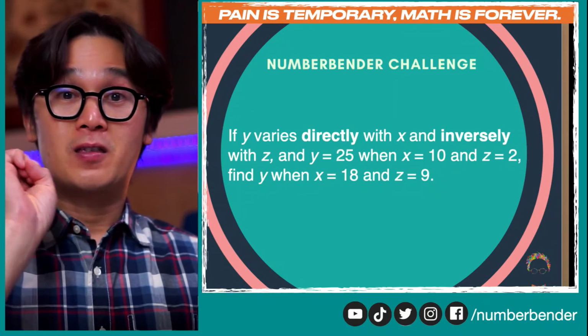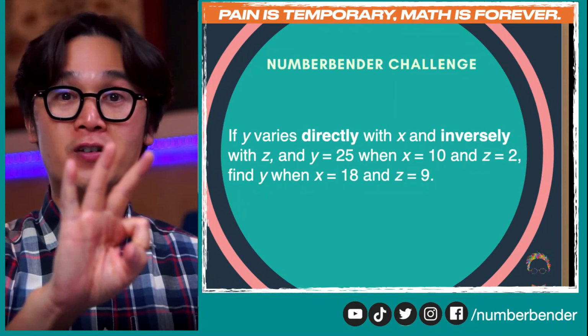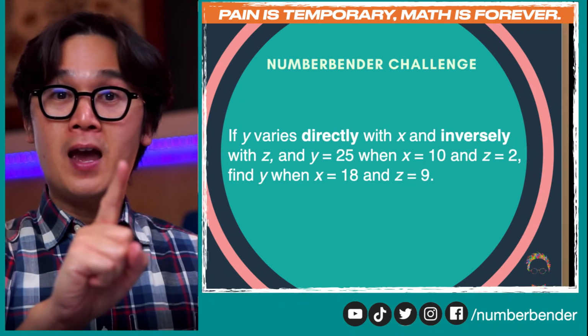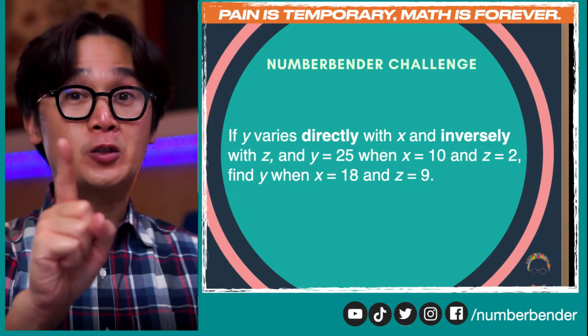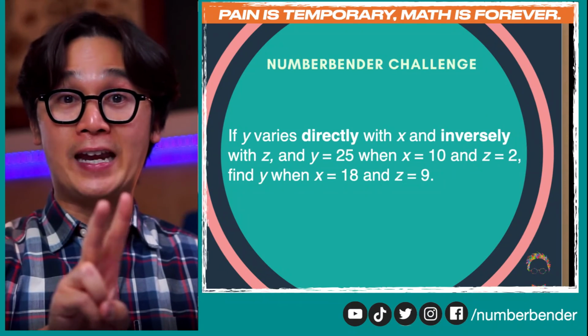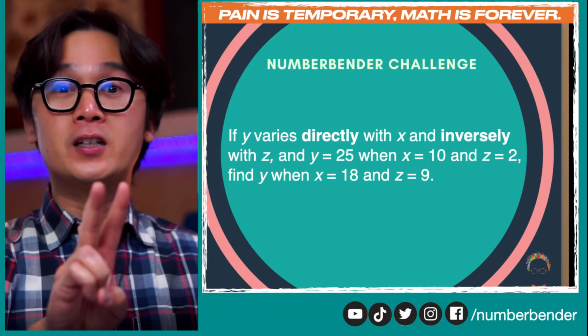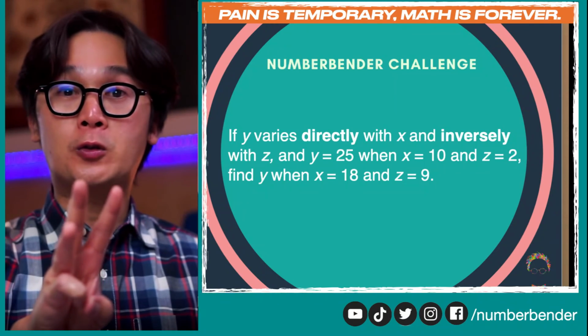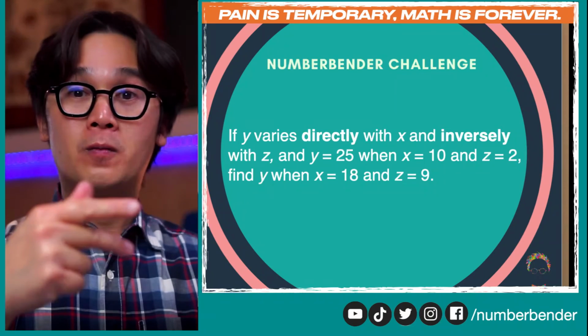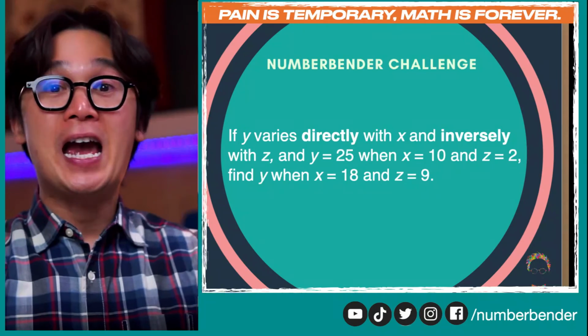You have 3 steps to answer this correctly. 1, produce your equation associated with the two relationships in this problem. 2, find the constant k, your constant of variation, so that 3, you'll be able to use your formula with your k value in this challenge.